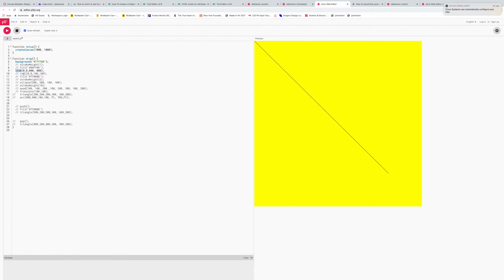And then we open our brackets, and we first give it 2 coordinates, followed by another set of coordinates. Now these 2 coordinates refer to the beginning coordinates of our line. In this case, it refers to the top left corner of our canvas, which, as we all know, is coordinate 0, 0. So our line is going to start from the coordinate 0 on our x-axis, 0 on our y-axis.